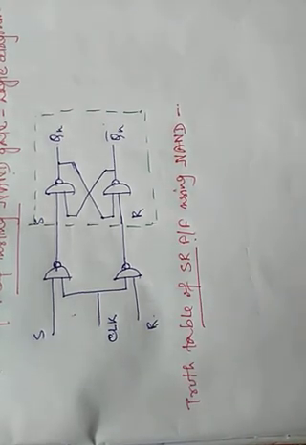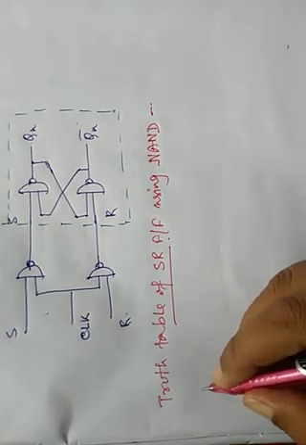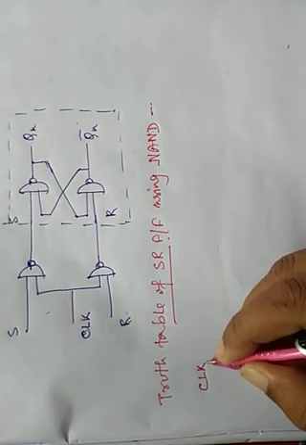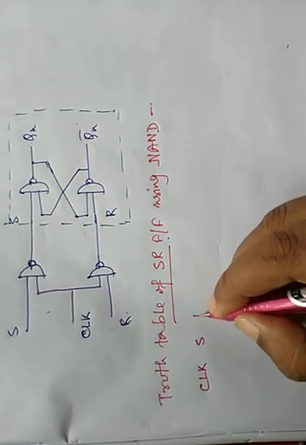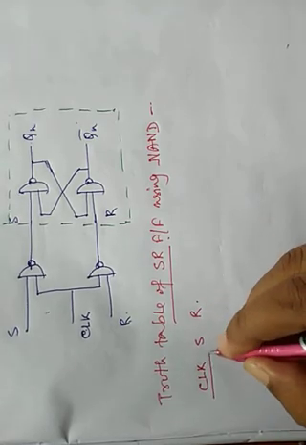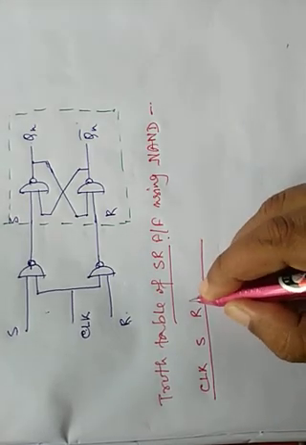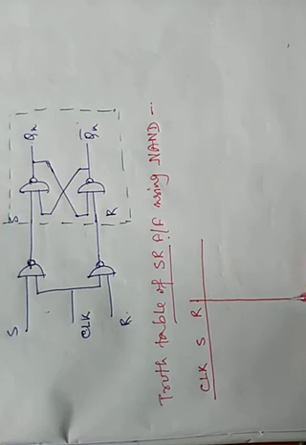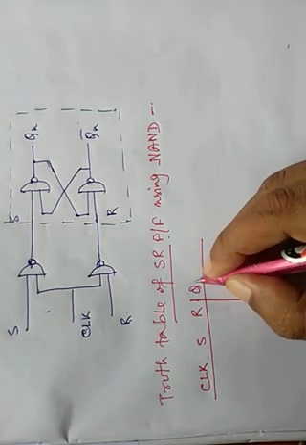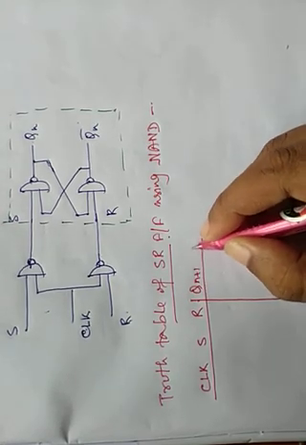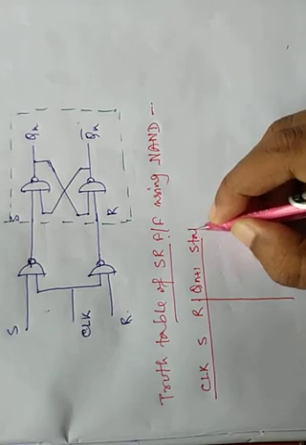Here there are 3 inputs: one is clock, another is S, another one is R. The output is Q(n+1) and the state.